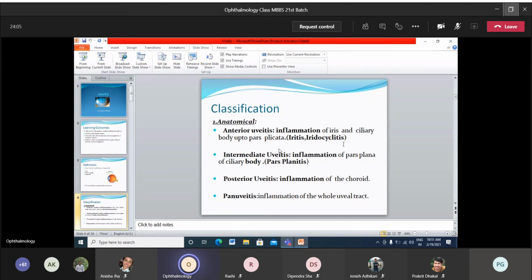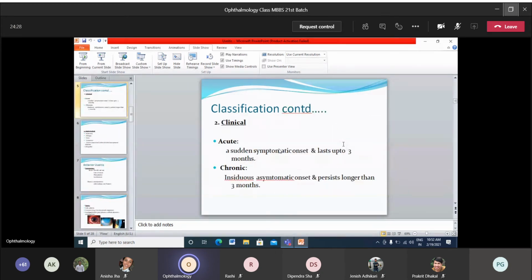Okay, so anatomical classification. Anterior involves the iris and ciliary body up to the pars plicata. Intermediate is pars planitis, since the pars plana of the ciliary body is involved. Posterior uveitis is inflammation of the choroid, and panuveitis is if the whole of the uveal tract is involved.